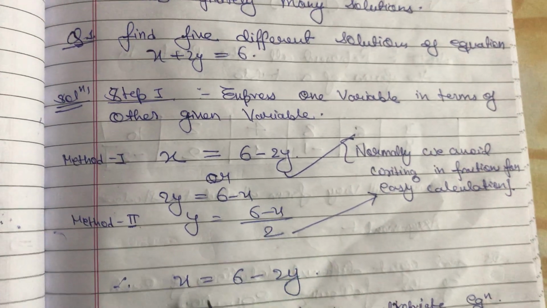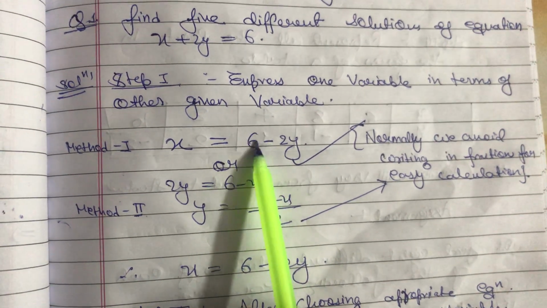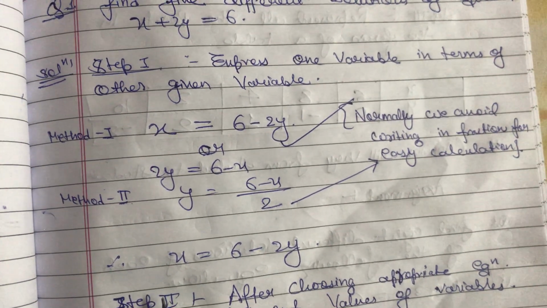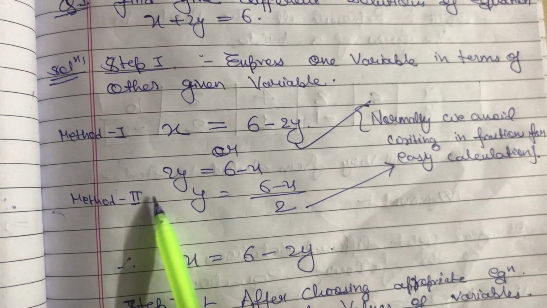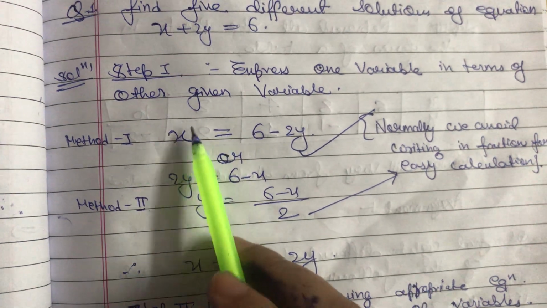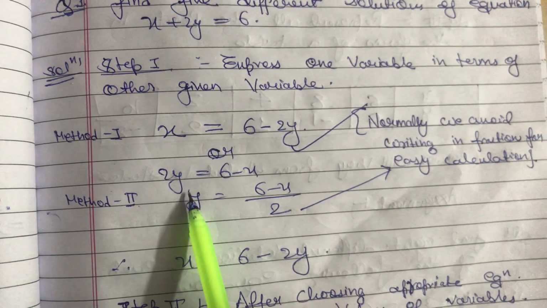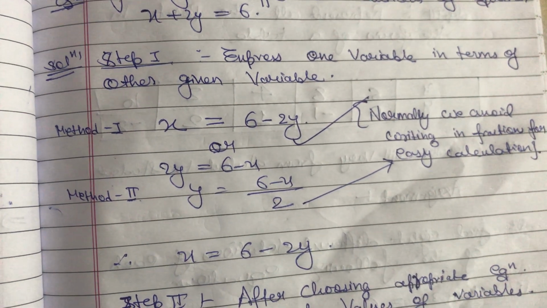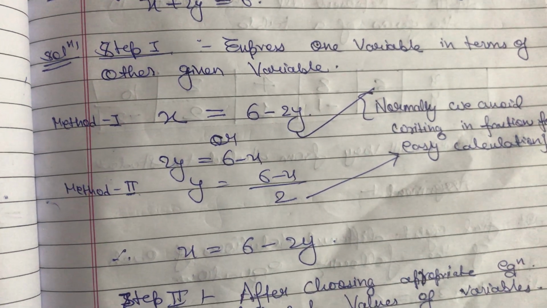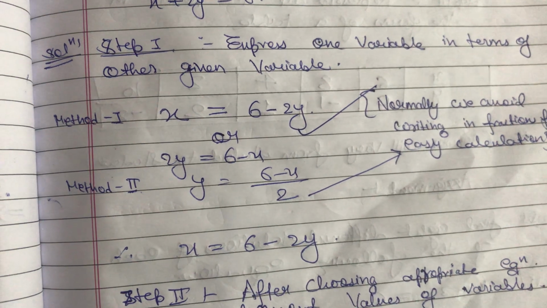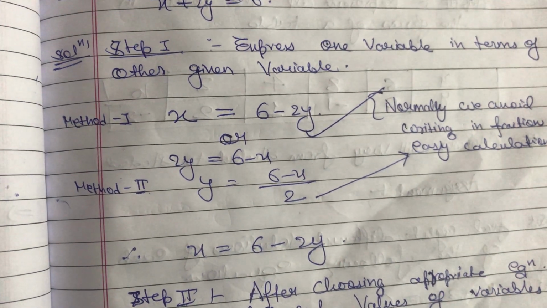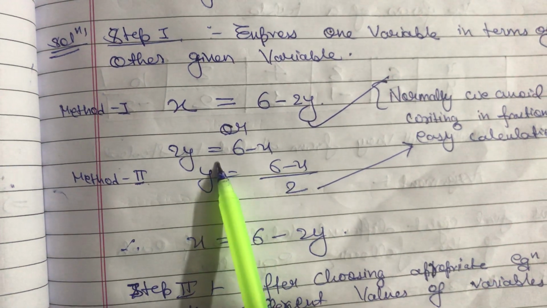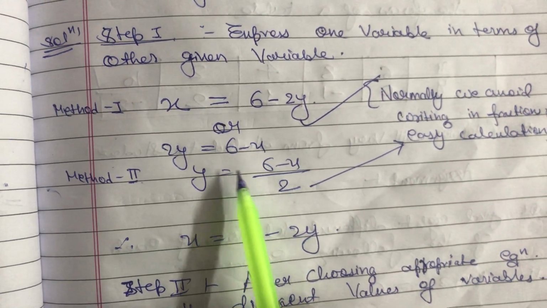But here I am selecting method number 1. This is my way of selecting, you can select the other method also. Both are same. The only difference is that normally I prefer the way in which I have to do less calculation, so that I can solve the same question in less time. Normally we avoid writing in fraction.